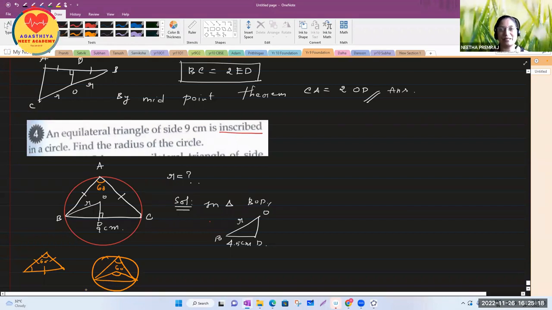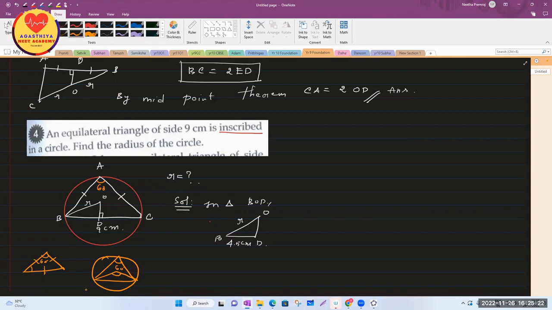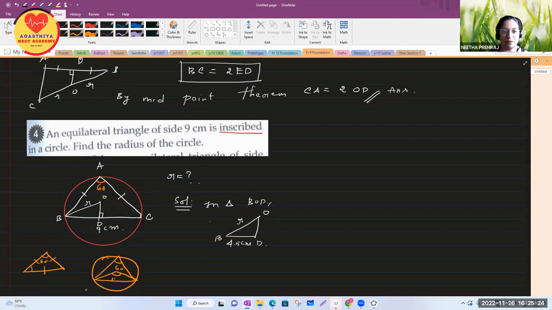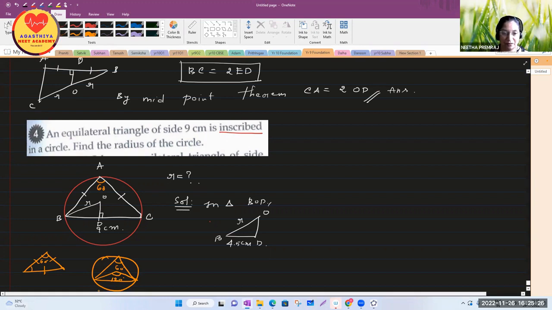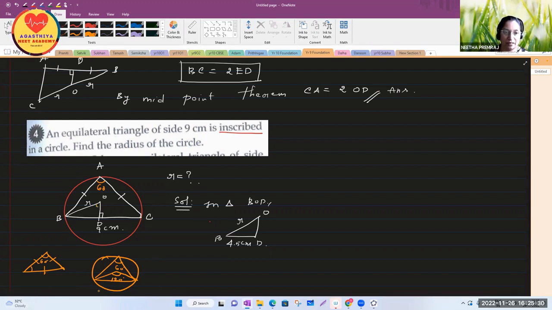Just now we studied the concept. 120. It is double, so 120. Correct? This line will bisect. So again, this becomes 60. So here, you can't apply Pythagoras theorem. You're supposed to apply trigonometric ratios.